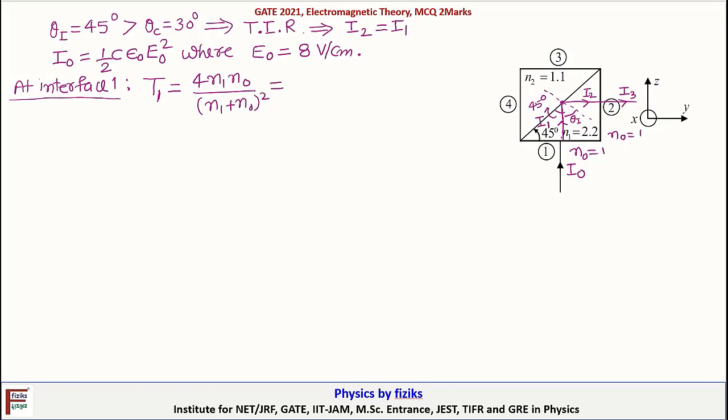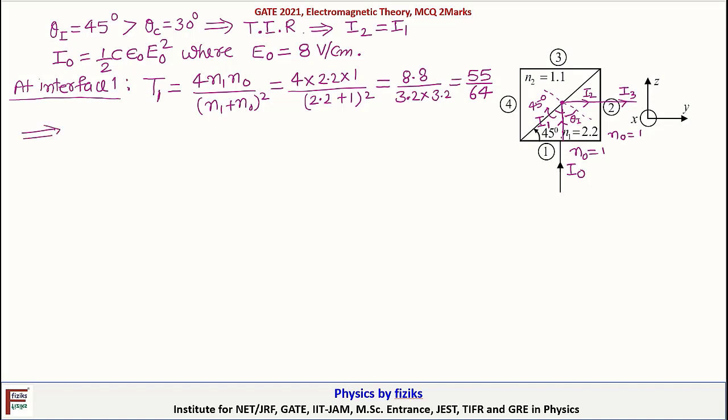And if we substitute this value, this is 4 into 2.2 into 1 by 2.2 plus 1 whole square. And if we solve this value, you will get 8.8 divided by 3.2 into 3.2. And that value will be 55 by 64. We can easily rearrange in this form.